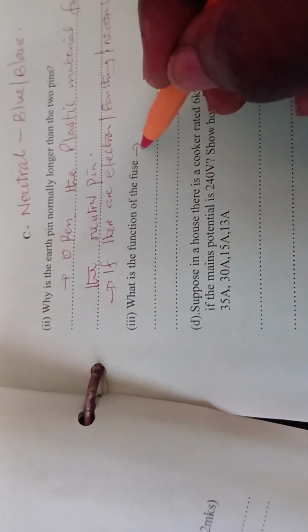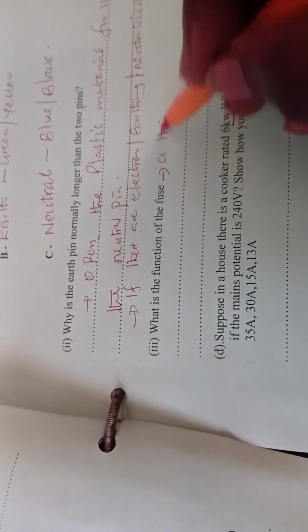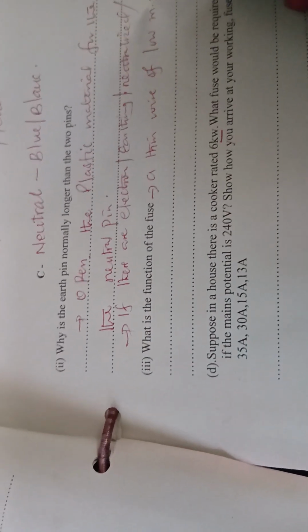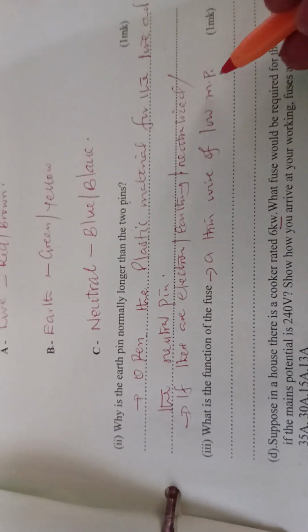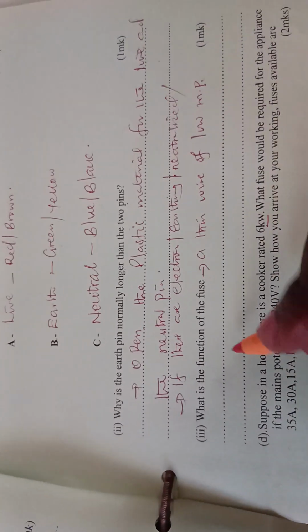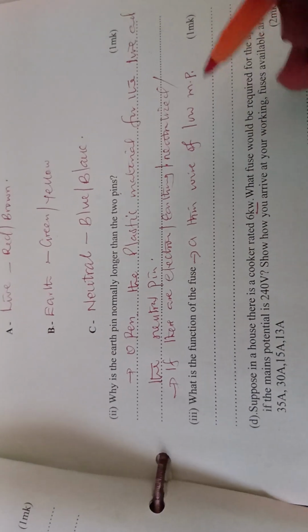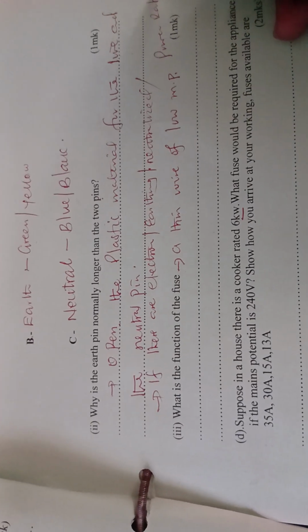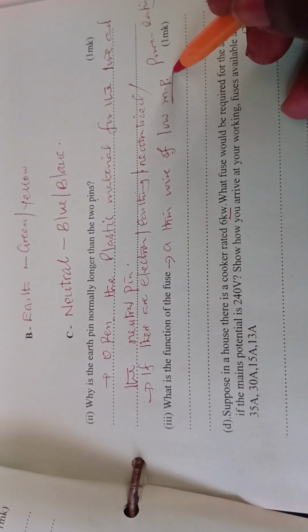Normally a fuse is made up of a thin wire of low melting point, so that if the current is in excess, that is, it exceeds the power rating, then the wire melts.